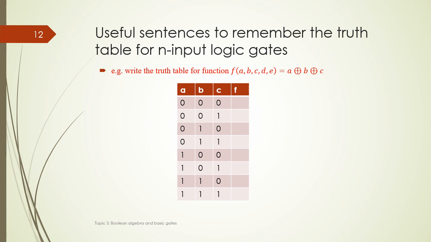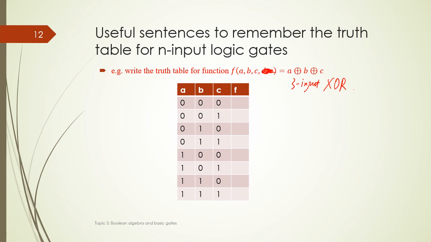A second example, write the truth table for this function. Again, I forgot to delete this. In this case, we have 3 input variables, and this is the 3 input XOR function, right?